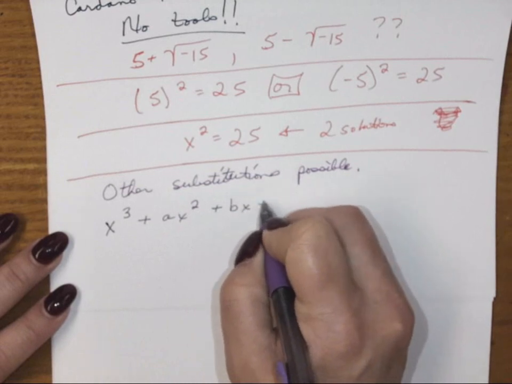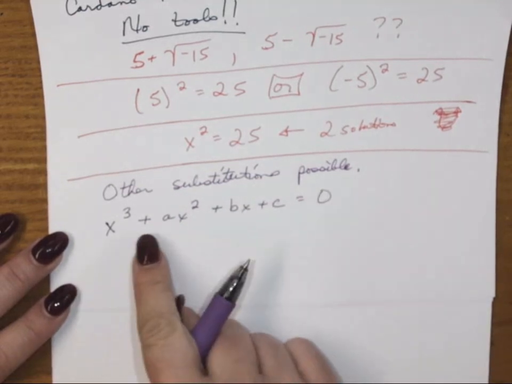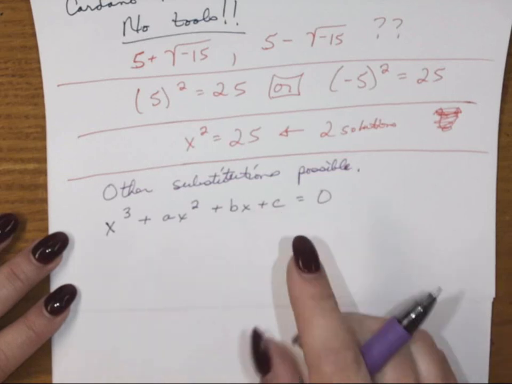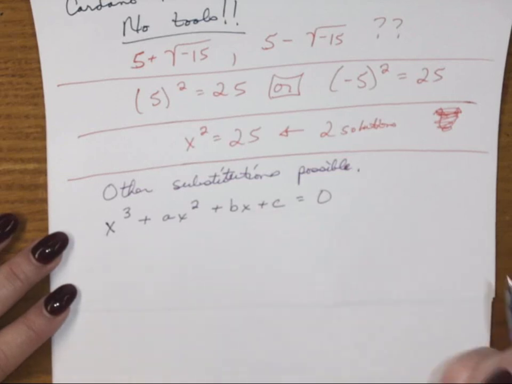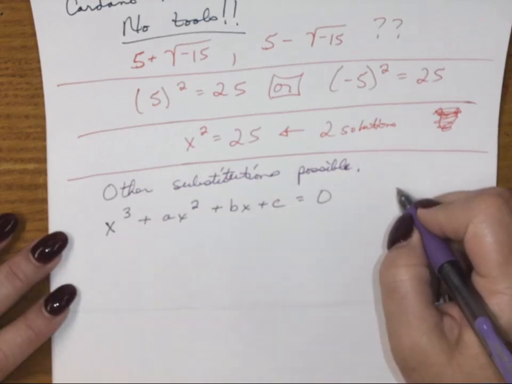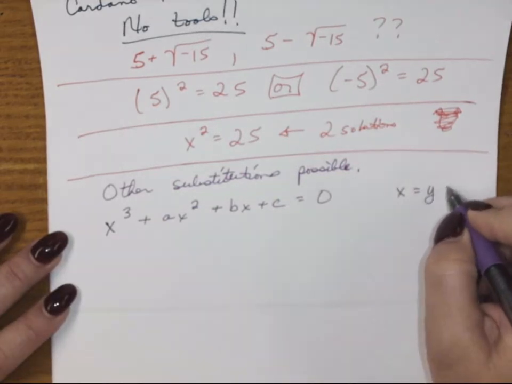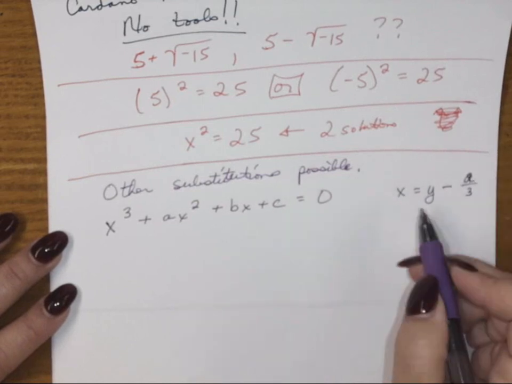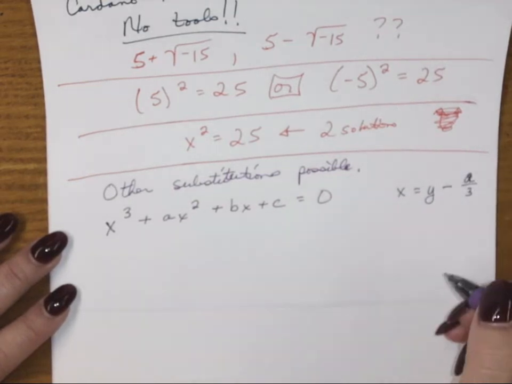Sorry. If I have something like this, now notice that they're going to have a leading coefficient of 1, and so I've only got a, b, c. I don't have the d term in there the way that we do in the last problem that we did. But if I have something like that, then I think it was Cardano said, look, let's do this substitution. x equals y minus a over 3.